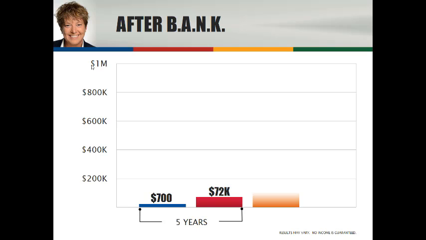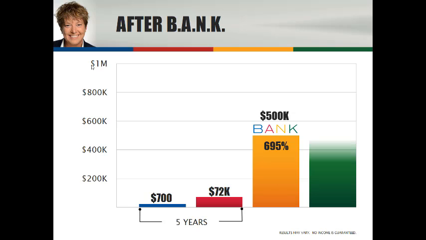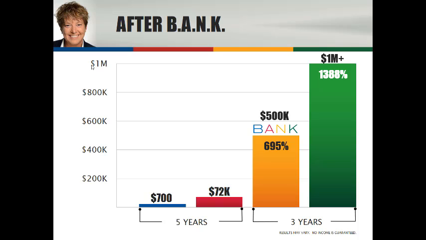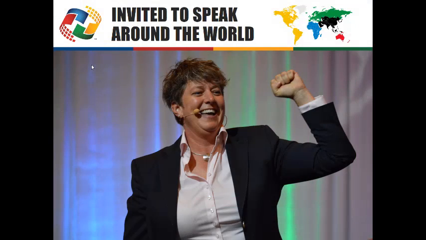What kind of things make a person buy? And in the following year, she was able, using BANKCODE, to have a 695% increase in her sales, which was $500,000 in sales. And then within 3 years, she made more than $1 million, which was a 1,388% increase in her sales using BANKCODE.